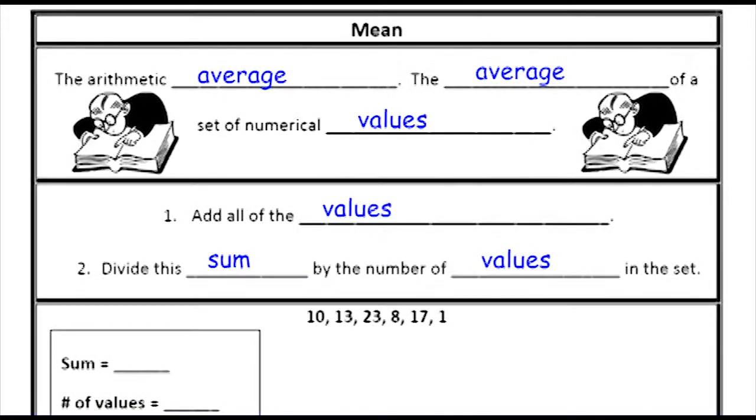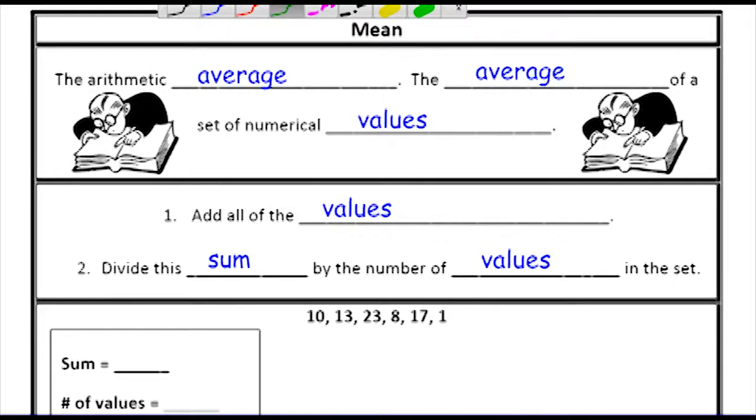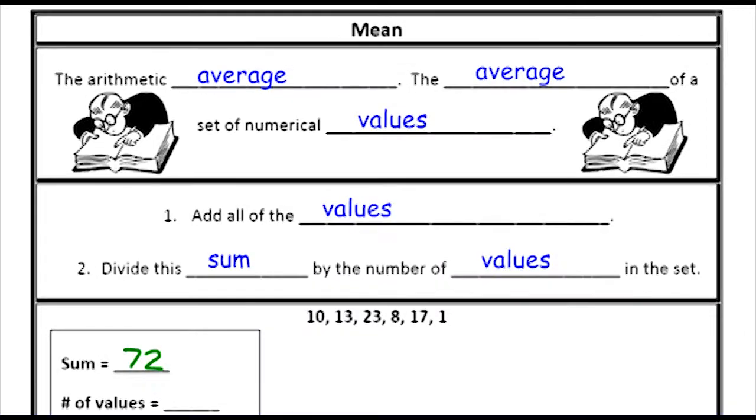I have 10, 13, 23, 8, 17, and 1. A set of values that I can add together and then divide. So, quick calculator moment, I add those together, and I should get 72 for my sum. Again, if you'd like to challenge yourself and try those by hand, by all means do. But always check with the calculator. There are 1, 2, 3, 4, 5, 6 values.